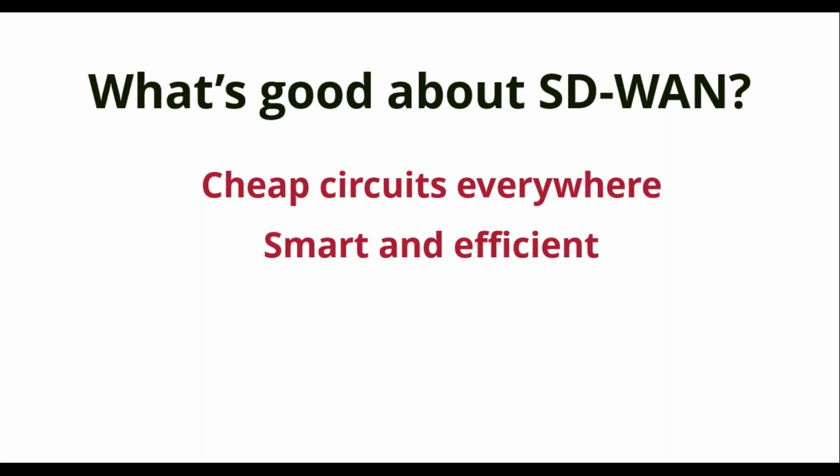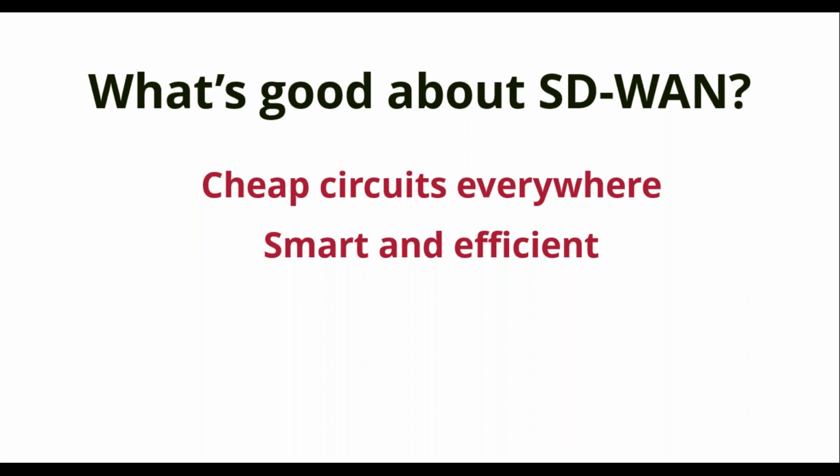The second big thing: these SD-WAN boxes are seriously smart. All of the stuff that you'd hire a really good router jockey to do, and pay them a huge amount of money to sit there on the Cisco routers and do all this neat stuff, is already built into the SD-WAN box. It already knows how to do this stuff. It's very efficient. Quality of service for phones and video, it prioritizes automatically.